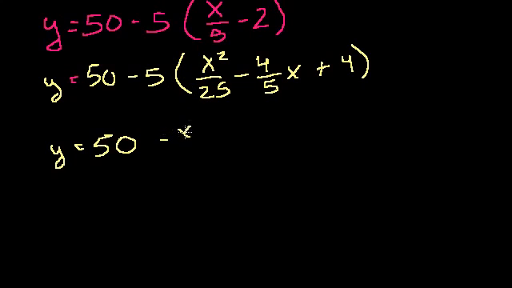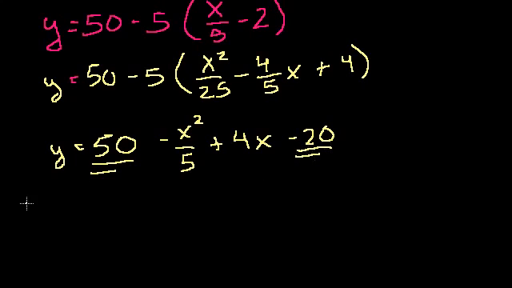So minus x squared over 5. Minus 5 times minus 4/5, that's plus 4x. And then minus 5 times 4 is minus 20. We're almost there. We can add the 50 to the negative 20, and we get y is equal to minus x squared over 5 plus 4x plus 30.